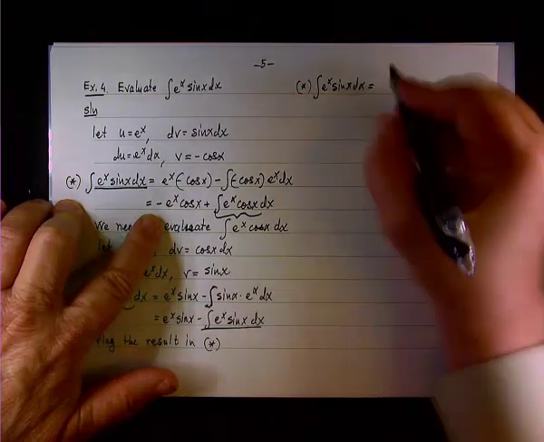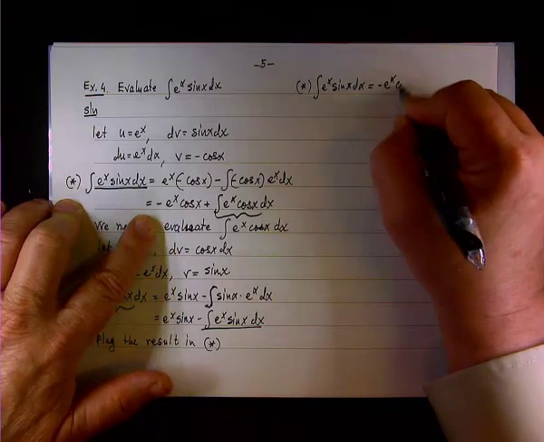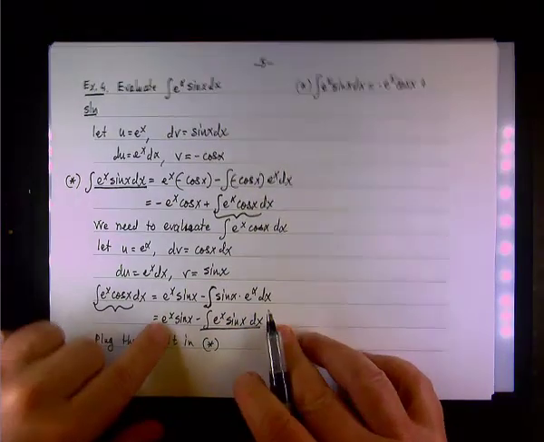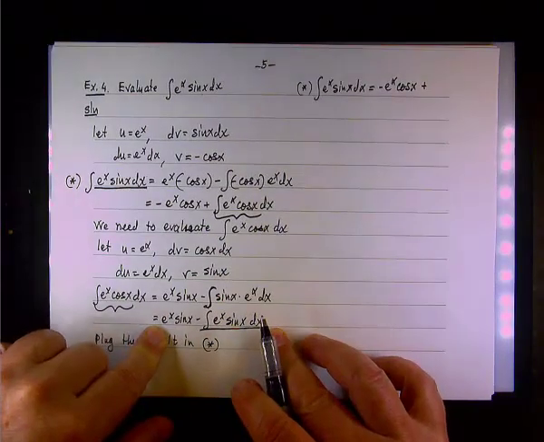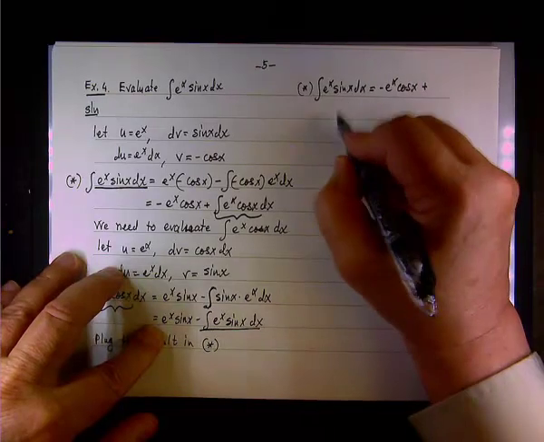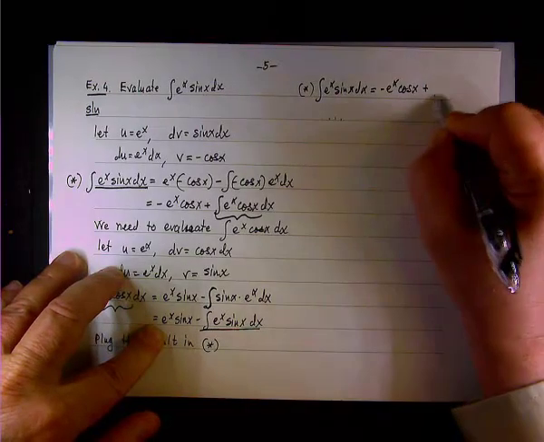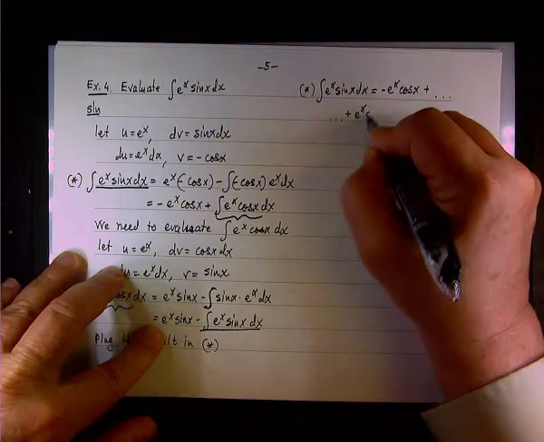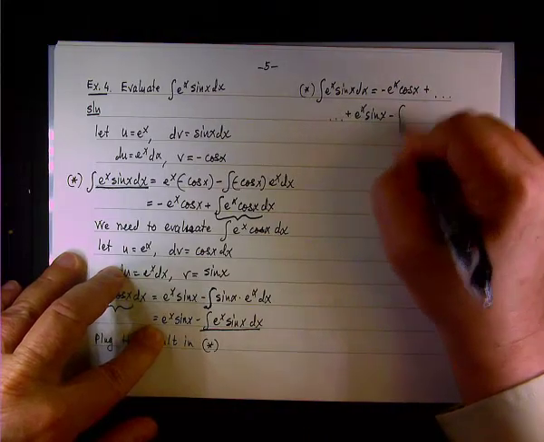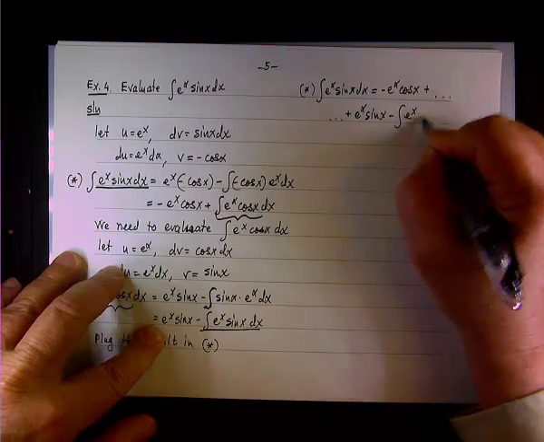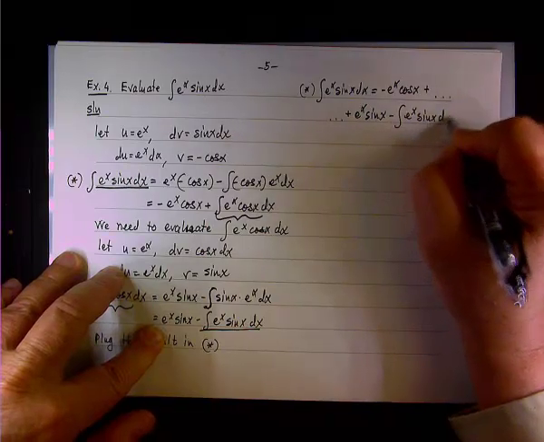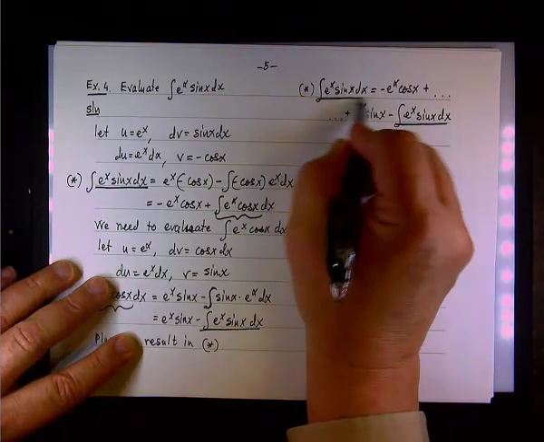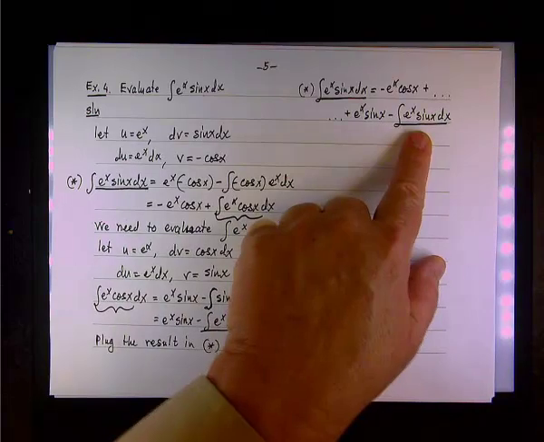Here's the star equation: the integral of e to the x sine x dx equals negative e to the x cosine x, and then plus this result, e to the x sine x minus the integral of e to the x sine x dx.